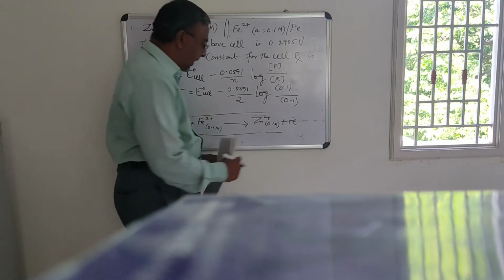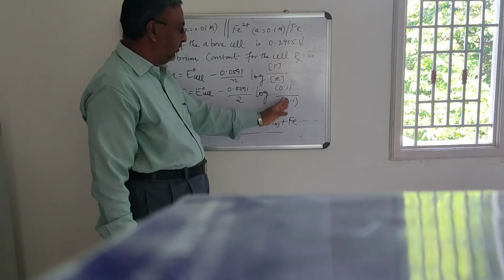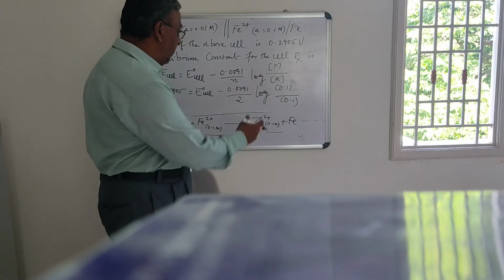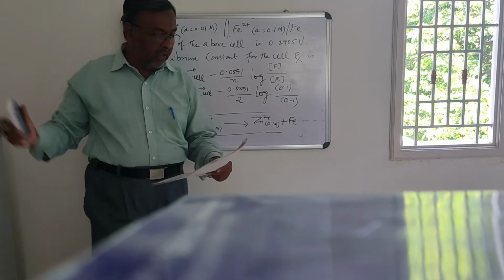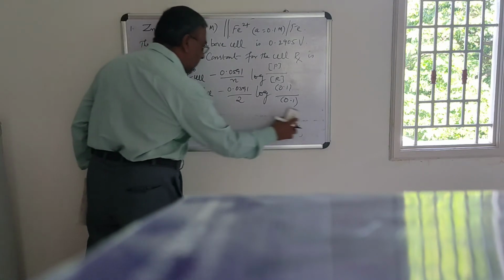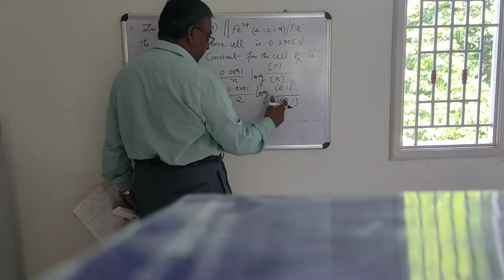Here also iron is a solid, so its concentration is taken as unity, it is not mentioned here, so therefore 0.1 divided by 0.1.